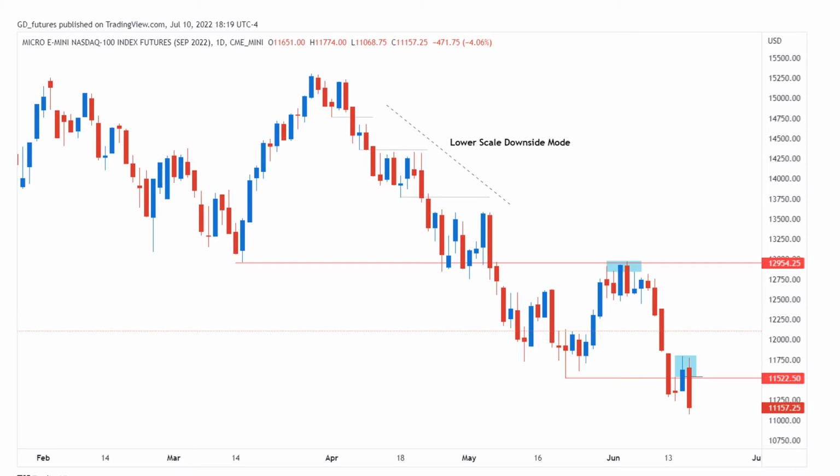What I just told you might be a little bit abstract, so here's a quick example, and we're going to go deep into this, just to show you how much scale is a factor and how it becomes evident. So we have a large scale downside pricing mode. We have a low, we have a high, we have a lower low, we have a lower high, and now we're going to create a lower low.